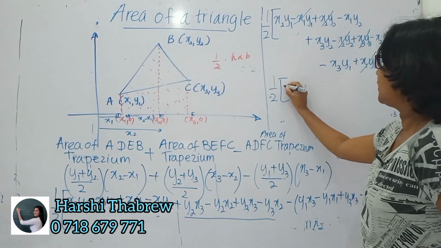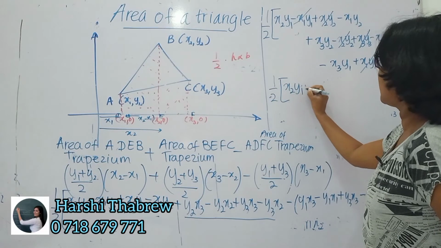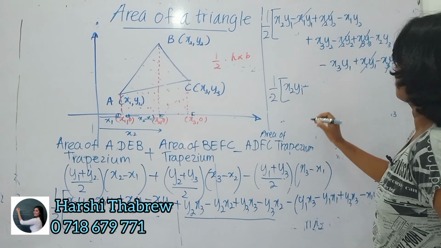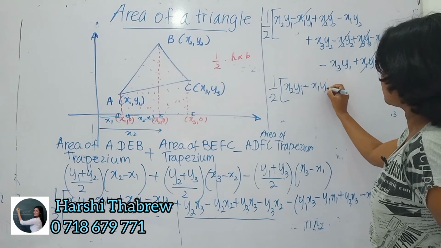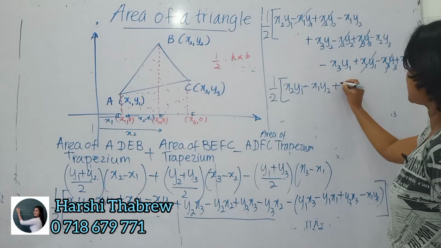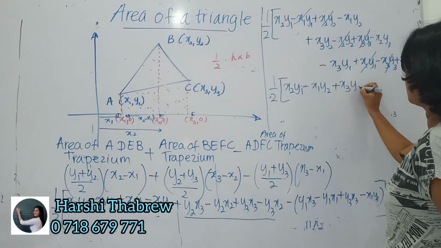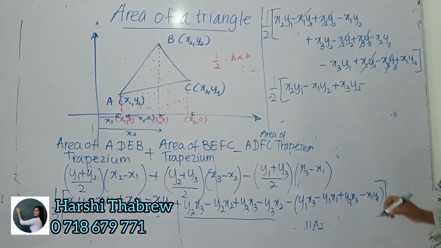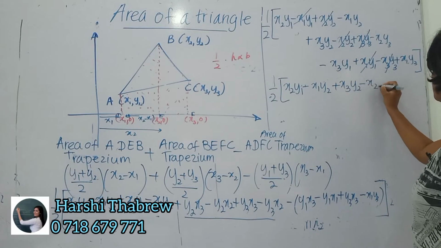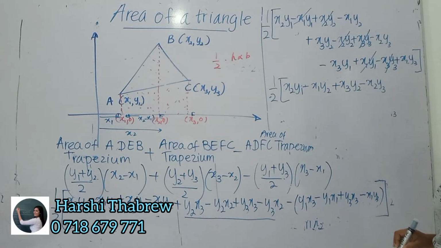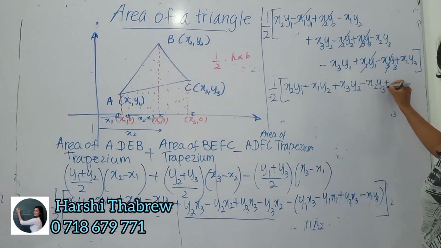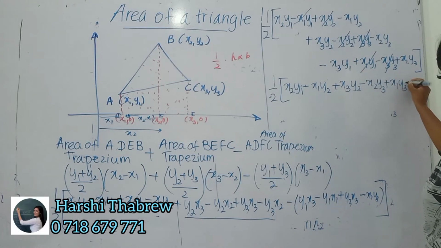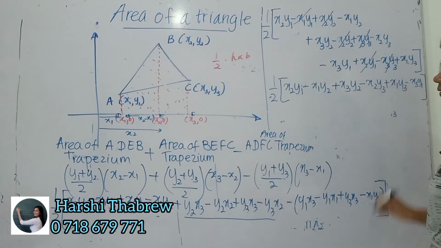Then x2 y1 minus x1 y2 plus x3 y2 minus x2 y3. Again here plus x1 y3 minus x3 y1. We have something like that.